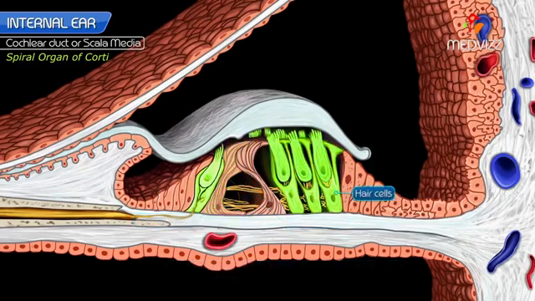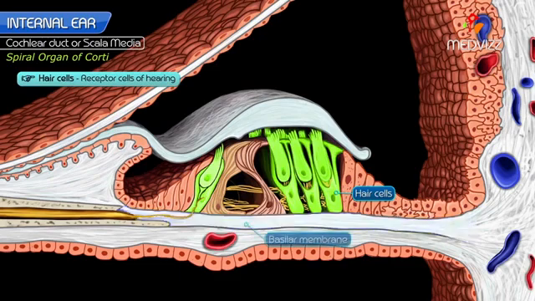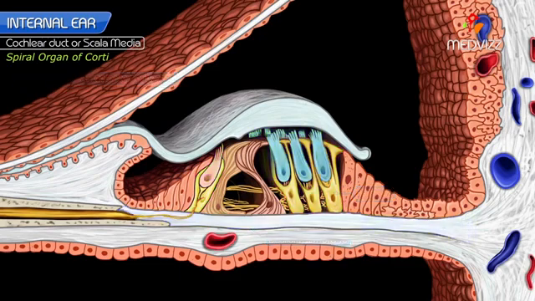Hair cells. These are receptor cells of hearing, located on the basilar membrane. Their apices possess stereocilia, which are overlaid by the tectorial membrane. The inner cells are flask-shaped and are arranged in a single row, while the outer cells are cylindrical and are arranged in 3 or 4 rows.